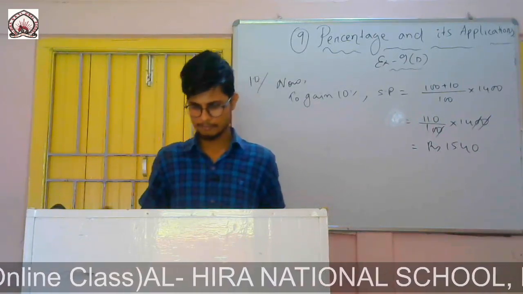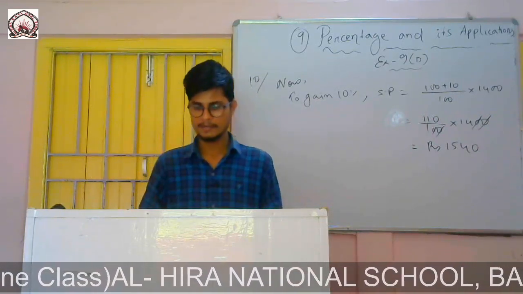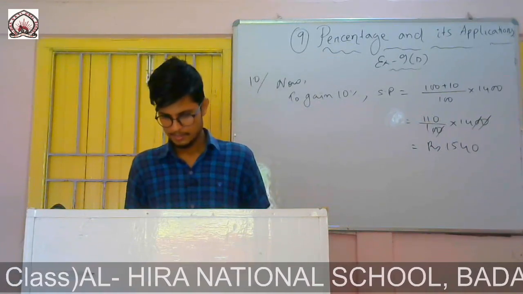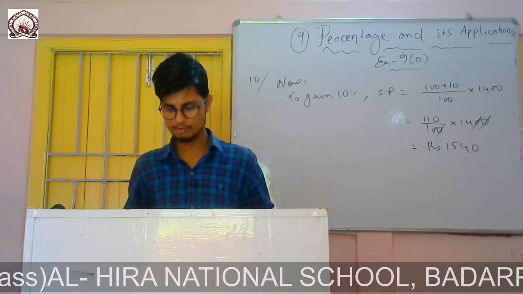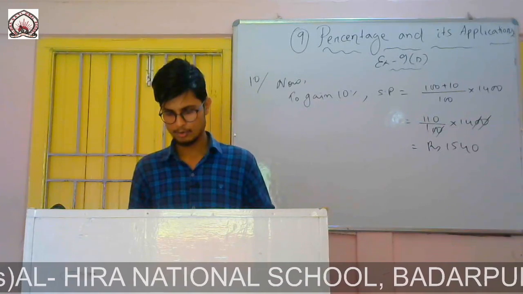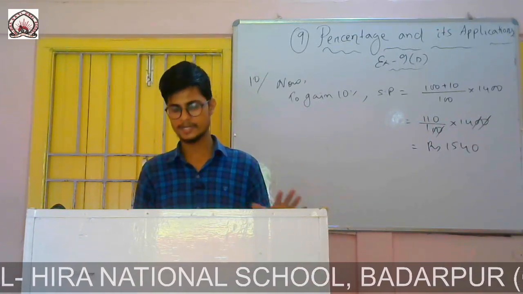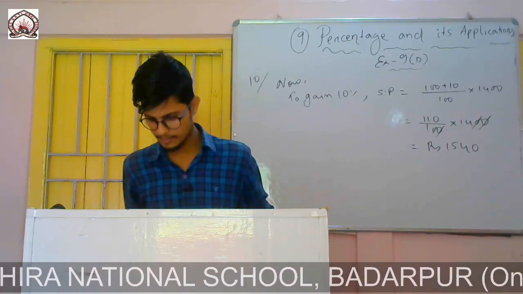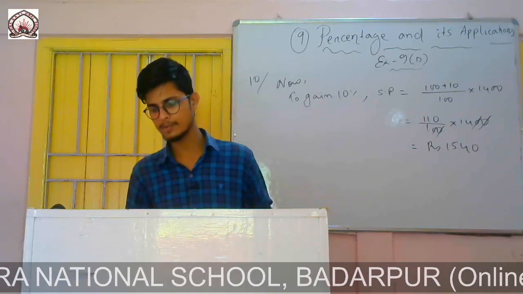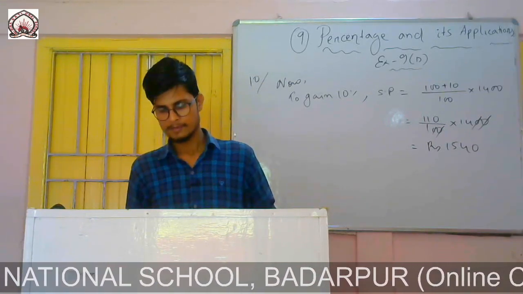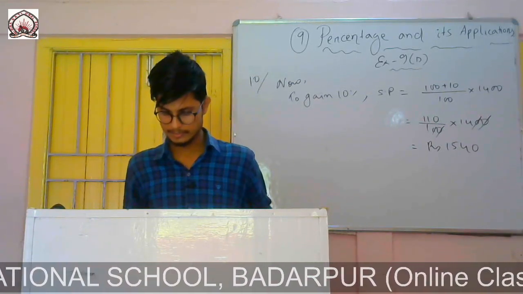So now question number 14, sorry, it is 11. The shopkeeper buys at rupees 50 per ream. It is given 1 ream equals 20 quires. At what price should he sell it to gain 20%? So there are 20 quires.